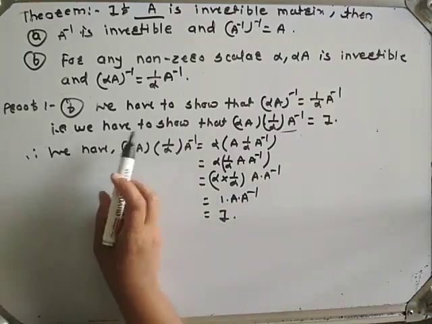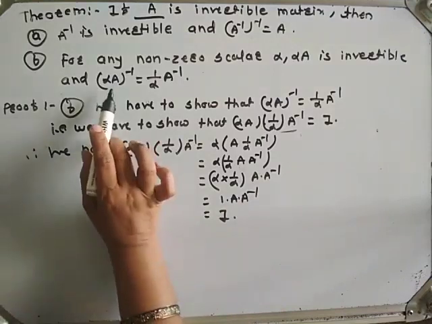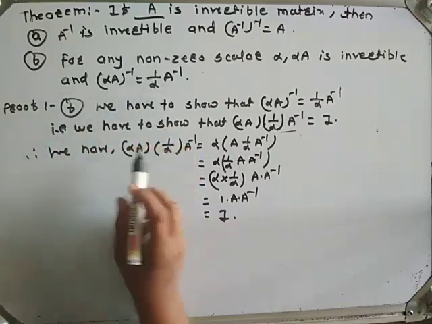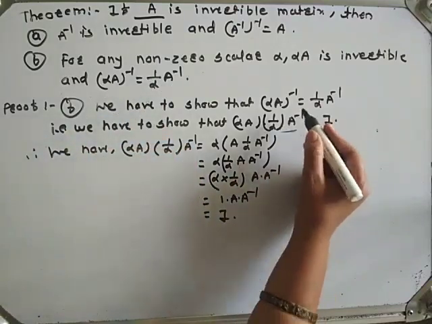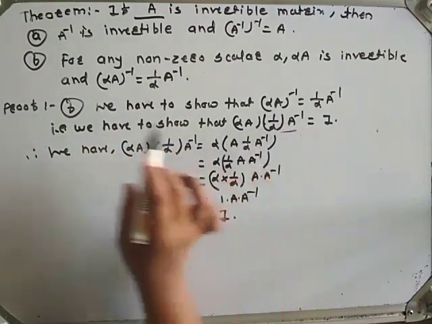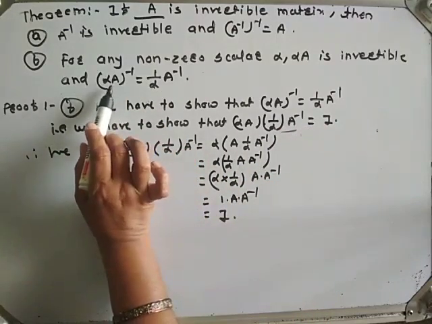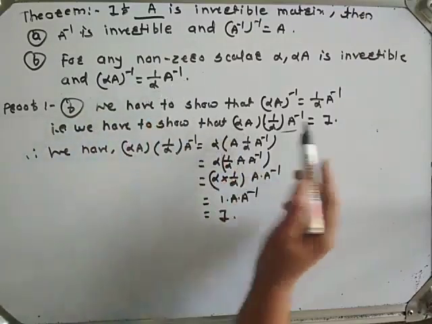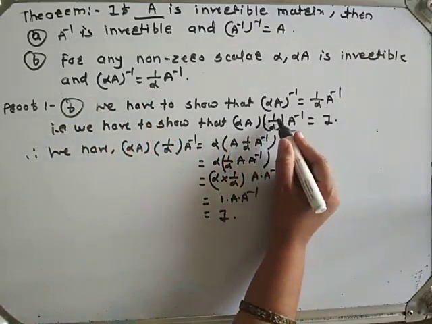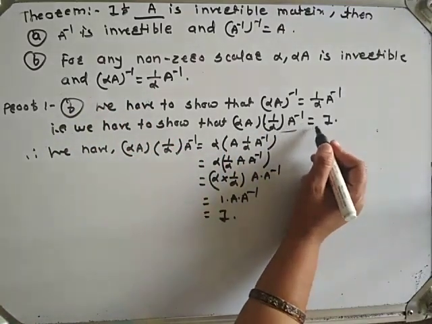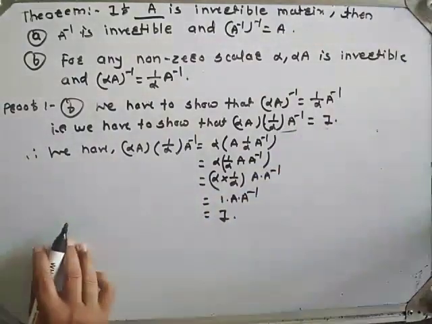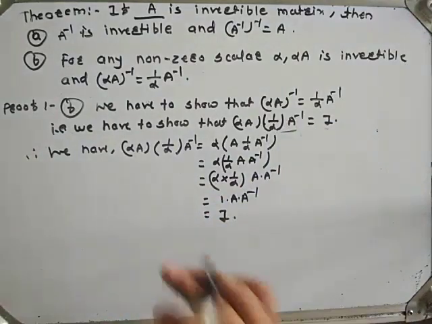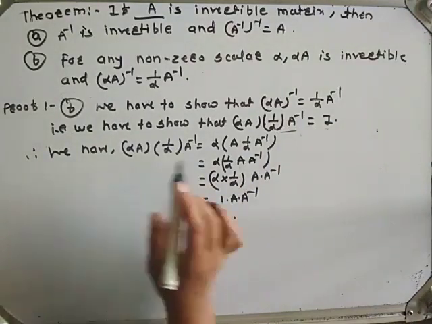Here, what we have to prove? We have to prove that inverse of alpha A is equal to 1 by alpha into A inverse. For this purpose, what we have to prove? On LHS, inverse of alpha A, when it goes to RHS, it becomes alpha A. Therefore, alpha A into 1 by alpha into A inverse is equal to I. We have to prove this. Now apply properties of multiplication.